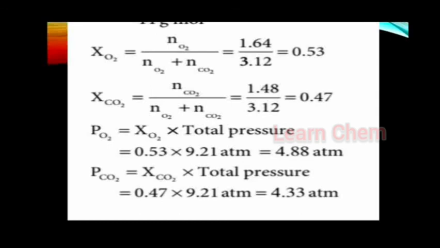For CO2, the mole fraction is 0.47. From this we can calculate the partial pressure of oxygen and CO2. For oxygen, it is mole fraction 0.53 into total pressure 9.21, so the answer is 4.88 atmosphere, and for CO2 the answer is 4.43 atmosphere.